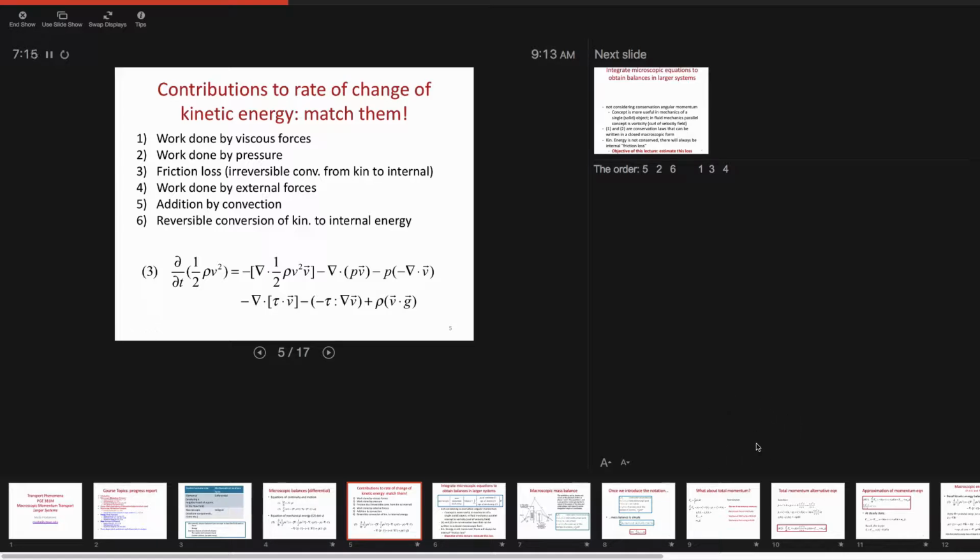If I have incompressible fluids, then this is actually going to be zero, right? But with compressible fluids, you can imagine that it can store energy by compression. So that is this reversible conversion, and this is the work done by pressure. This is a PV term that we are typically used to in fluids. Okay.